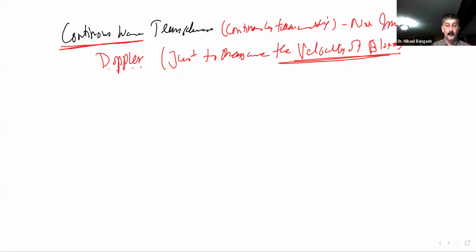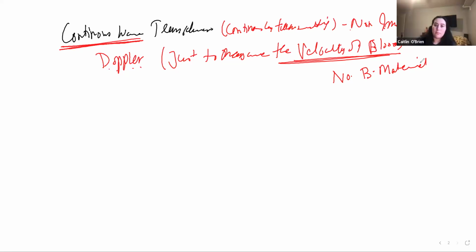Just as a side note, because this is a continuous wave transducer, it has no damping or backing material. Did you guys get that? Yes. Good.